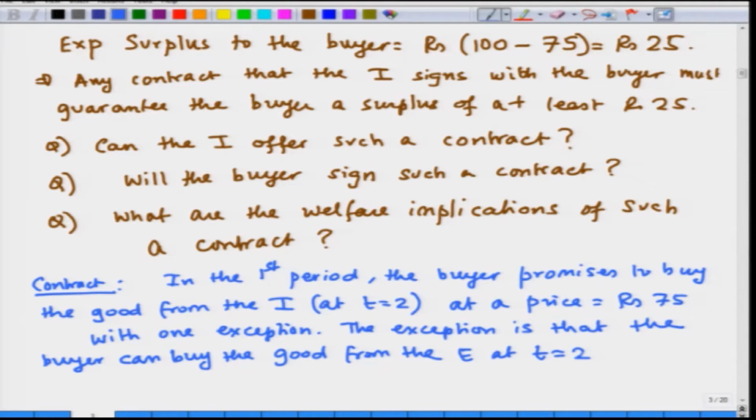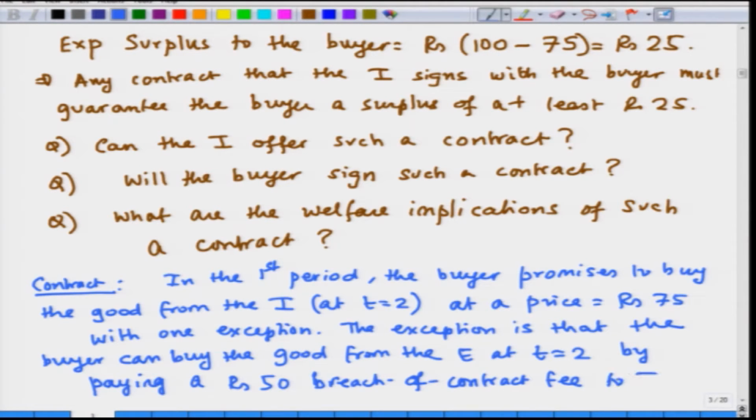So, the contract says that the buyer is going to be guaranteed the good from the incumbent at a price of 75. However, if the buyer chooses to buy the good from the entrant at t equal to 2, then the exception is that the buyer can buy the good from E at t equal to 2 by paying a rupees 50 breach of contract fee to the incumbent, right.